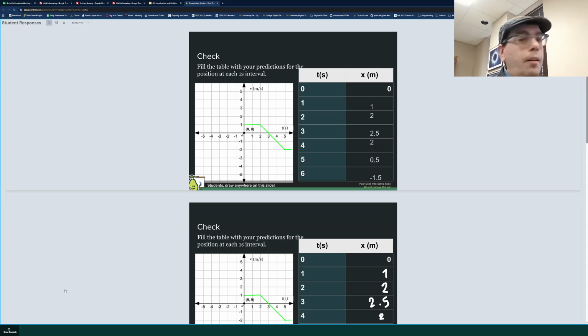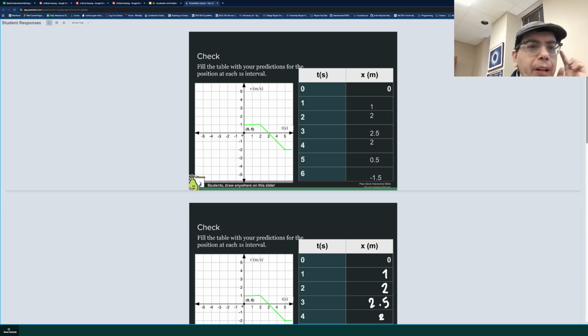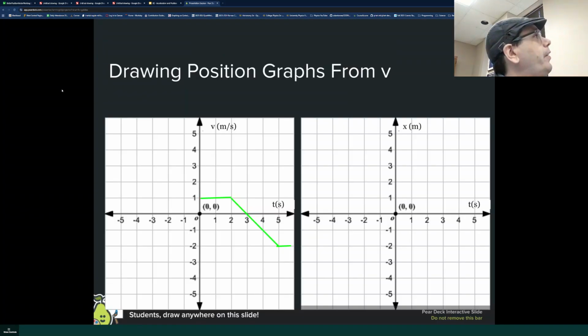And what I want you to do on the next slide is to draw the position graph from that information. So the way you're going to do this, the way I very strongly recommend, is first put dots at each of the values that we know.